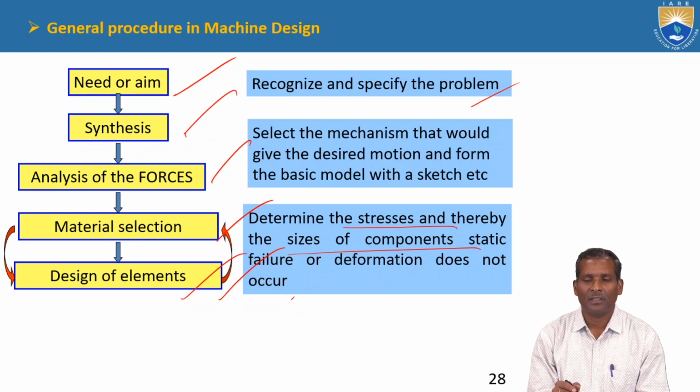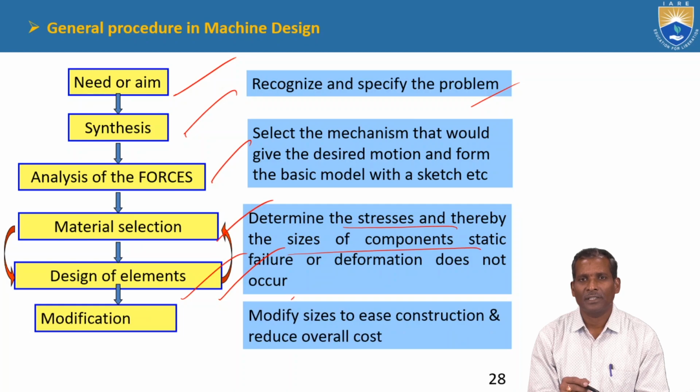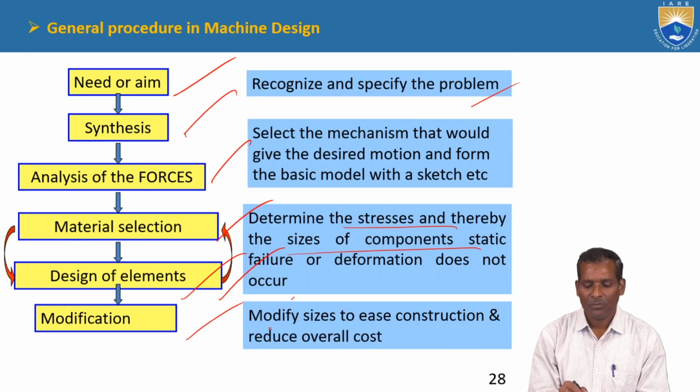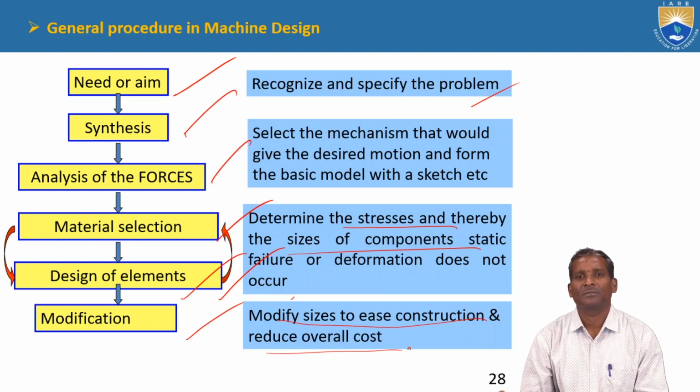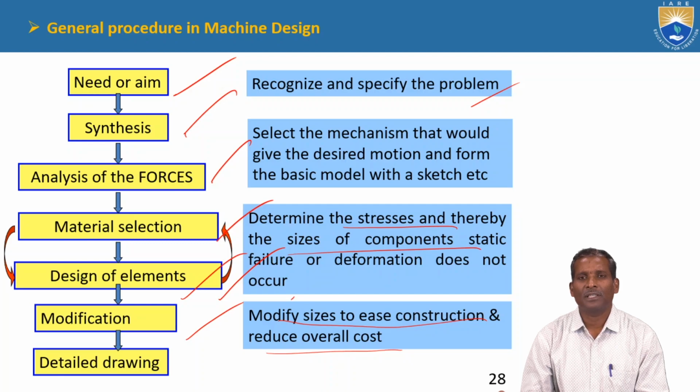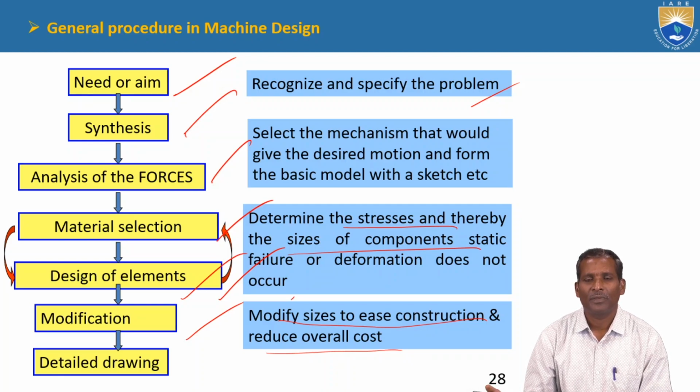If the conditions are satisfied, fix your design parameters and dimensions. Otherwise, once again go to the previous step and modify until the conditions are satisfied, and then modify the sizes for easy construction and reduced overall cost. After modification, you obtain one final solution.